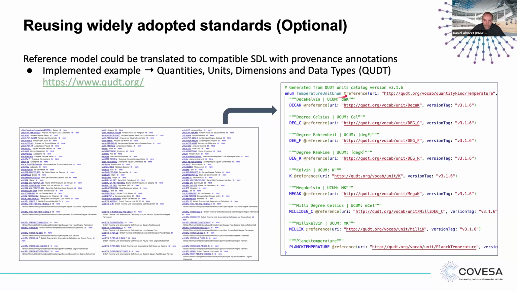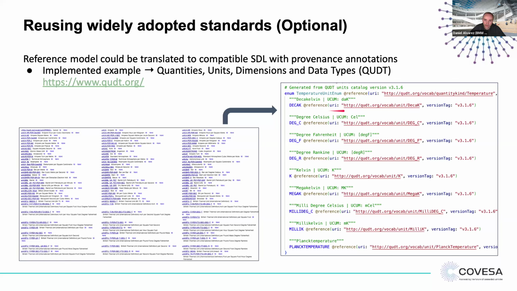So we have a quantity kind temperature that contains some compatible units, and these are the unit labels, like degrees Celsius, degrees Fahrenheit. Importantly, we are annotating that provenance with a custom directive saying, okay, this came from this place.